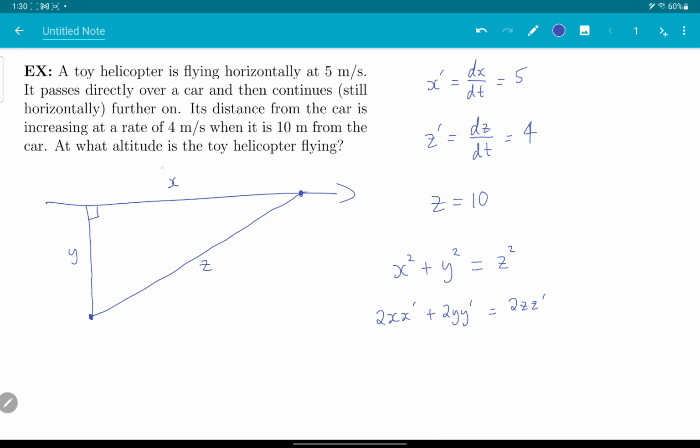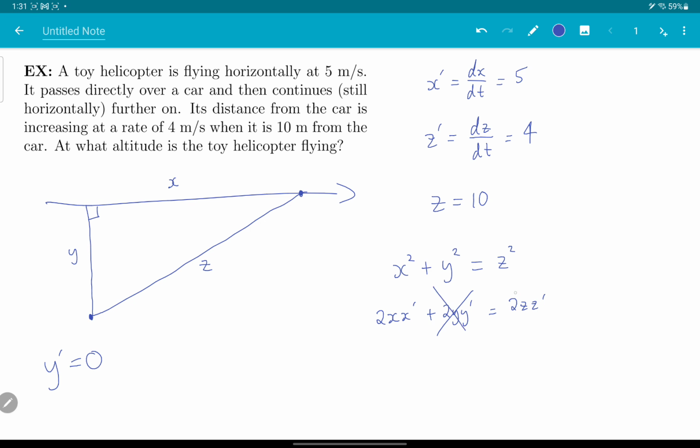Now, what are we going to notice? This triangle has a fixed side. This y is not changing, so y prime is 0. That's nice because that kills my middle term here.